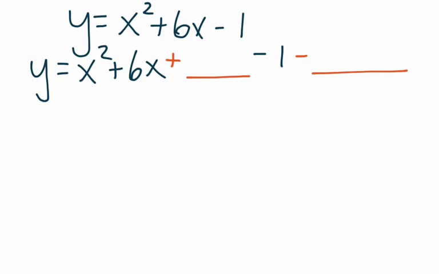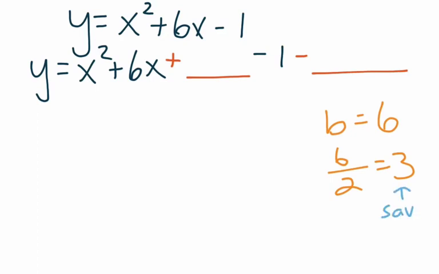Okay? Here's the process. You're going to take the b value, which in this case is 6. You divide b by 2, and you're going to save that number, okay?